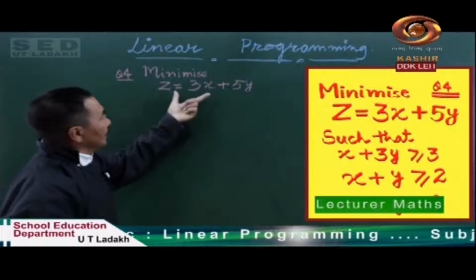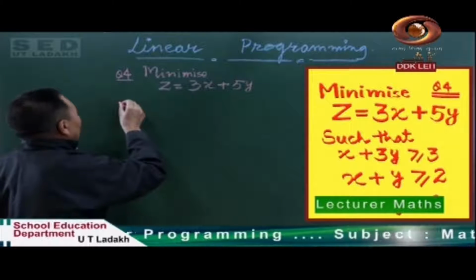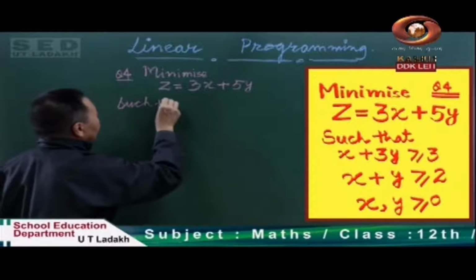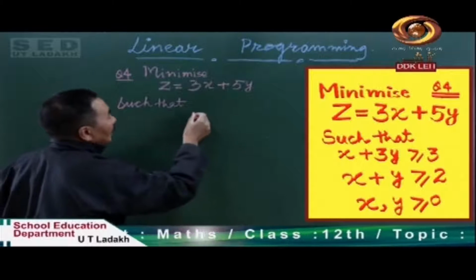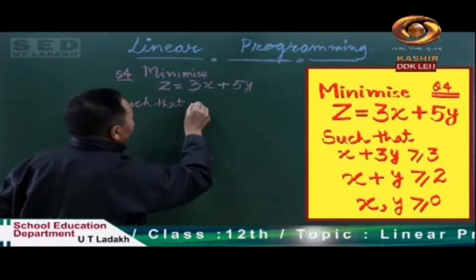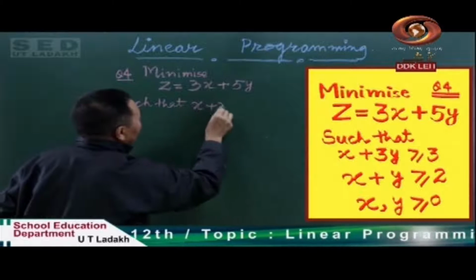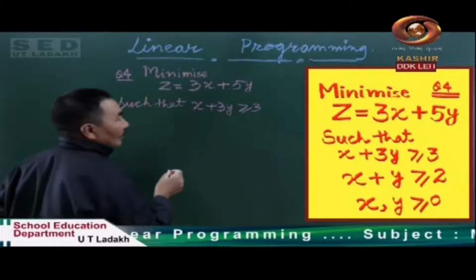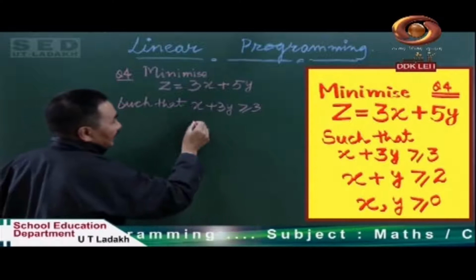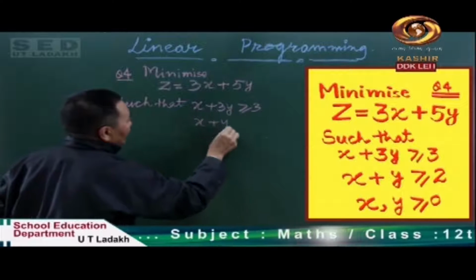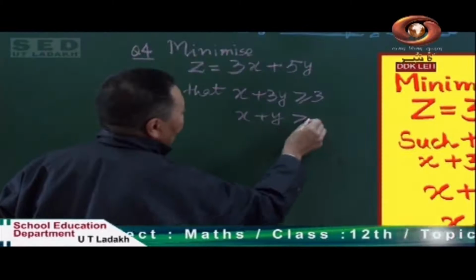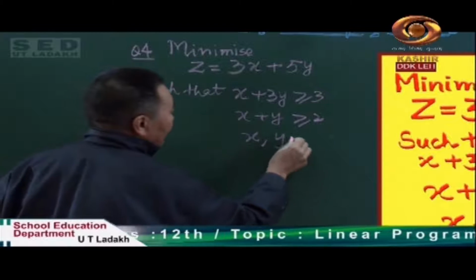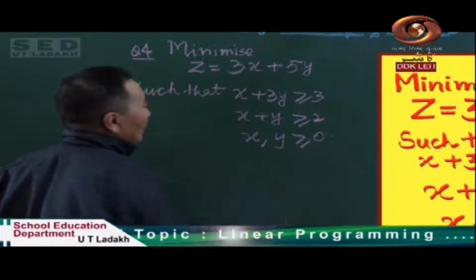We have to minimize this function under the constraints such that x plus 3y greater than or equal to 3. This is one of the constraints. x plus y is greater than or equal to 2, and x and y are greater than 0.